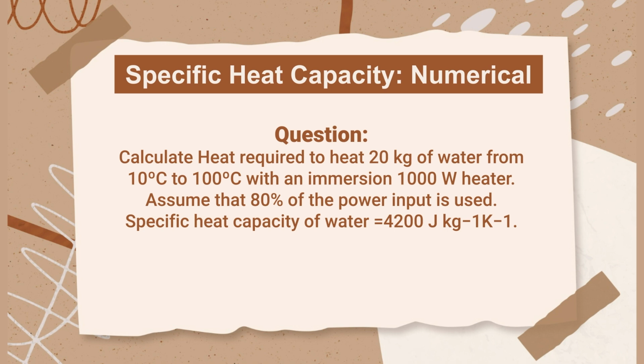You want to find out how much heat is required for this. Remember, the specific heat capacity of water is 4200 joules per kg per Kelvin, or 1 calorie per gram per Kelvin. So this is in joules now we are talking.